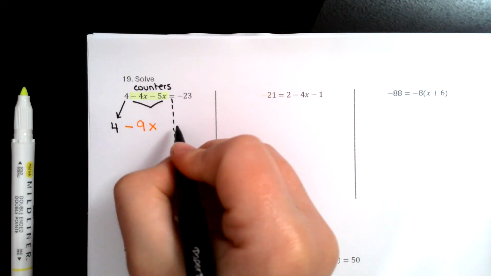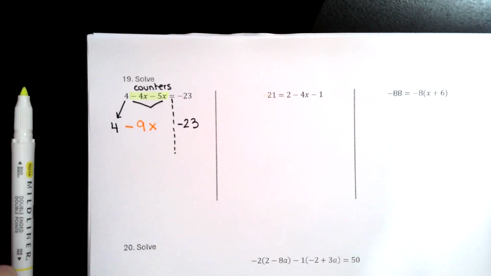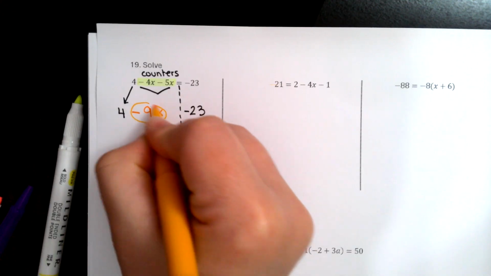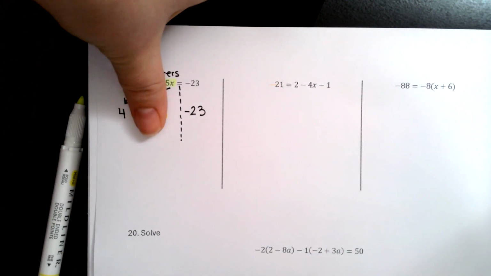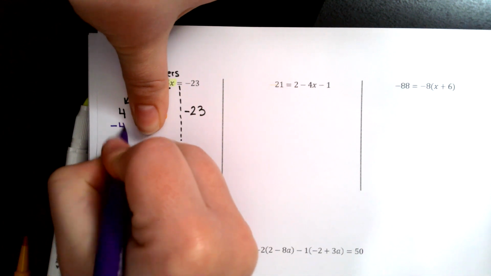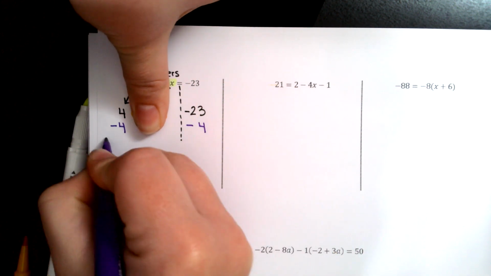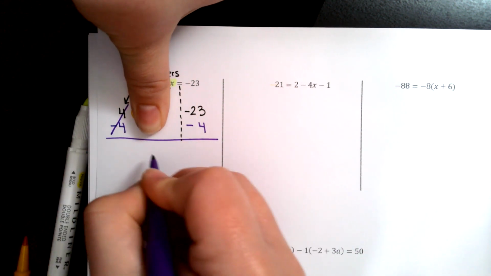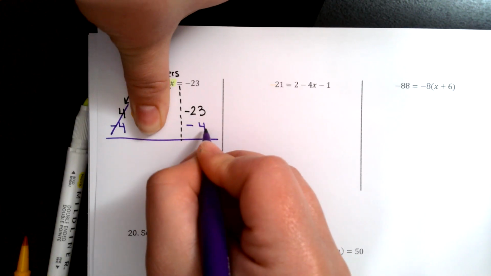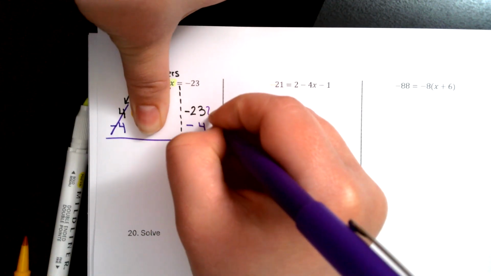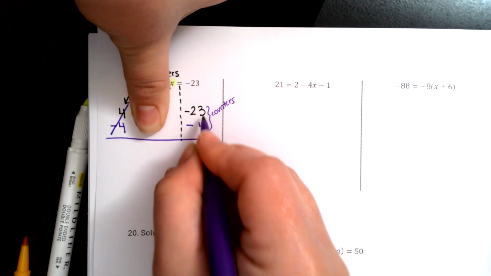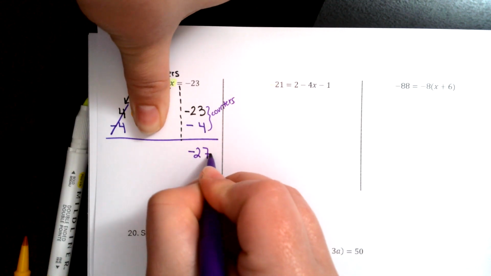Bring down the -23. Here, again, we're going to circle the term with the x. I'm going to take my finger, I'm going to cover it. I see a 4, that's a positive, so I'm going to be subtracting 4 on both sides. Remove the 4. Here I have minuses, here I have negative and more negatives. These are counters. So that means 4, 5, 6, 7, -27 is what we have.